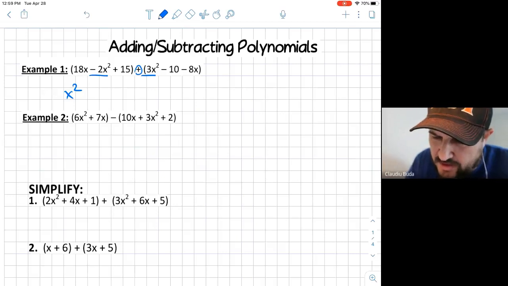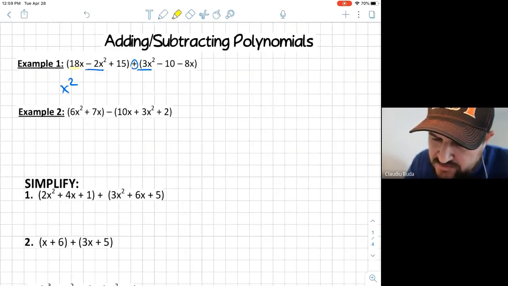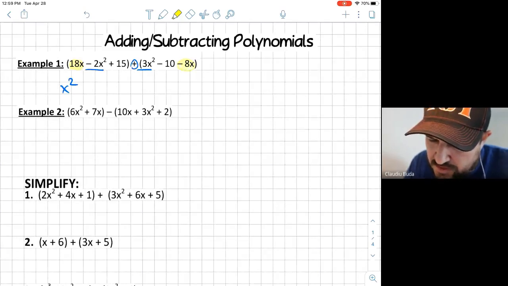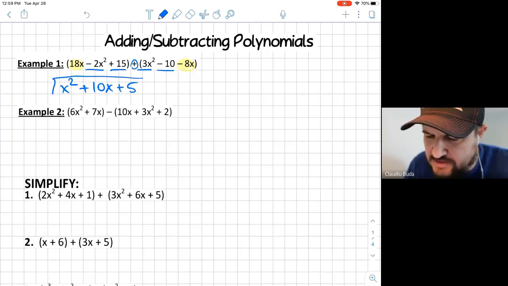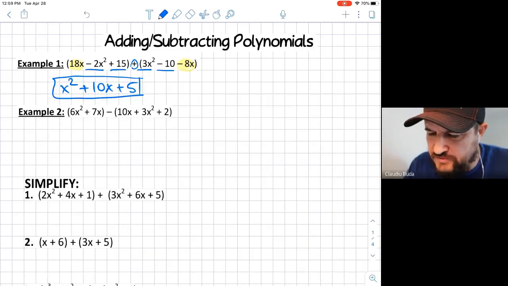Then we have 18x with a negative 8x. We're going to combine those two, so that is plus 10x. And then we have 15 minus 10, which is just 5. So x squared plus 10x plus 5 is the answer.